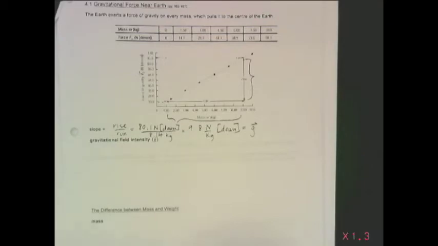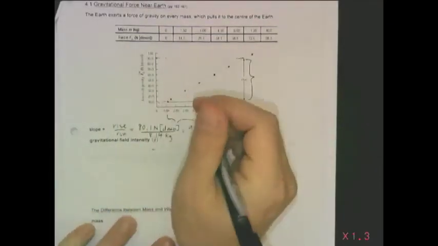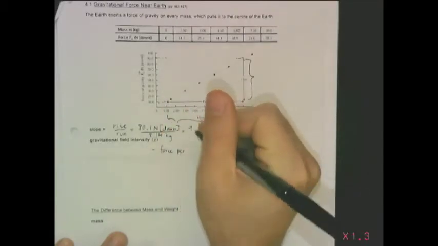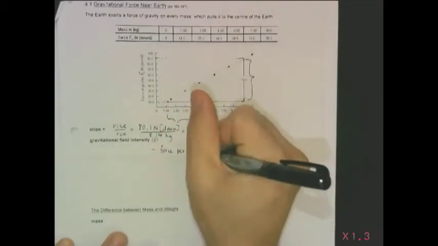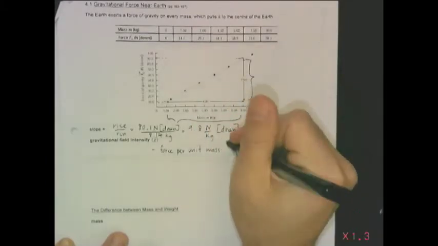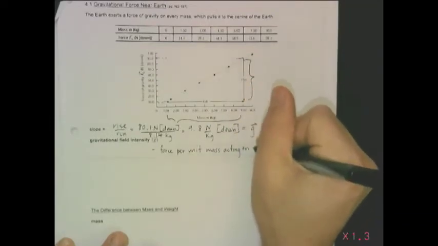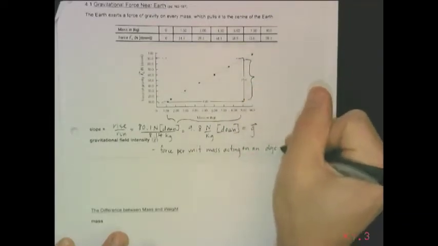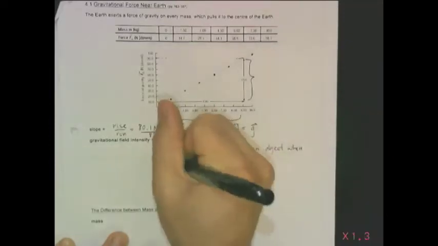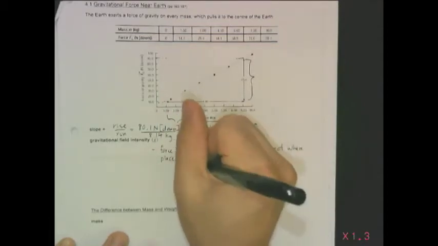Gravitational field intensity is the force per unit mass acting on an object when placed in a gravitational field.